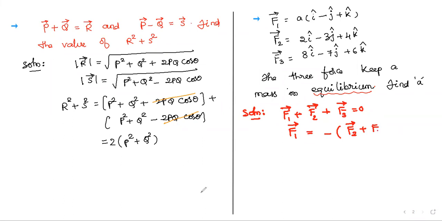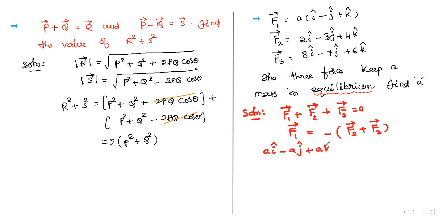Oh, I think someone got the answer. Super. F2 plus F3. So for F1, just multiply here, Nana: A I cap, distributive law, A I cap minus A J cap plus A K cap.